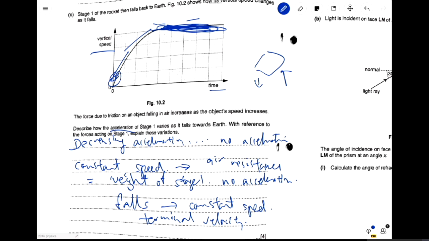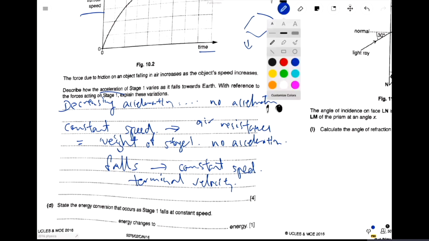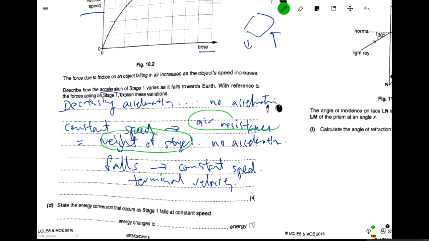Once no resultant force, acceleration equals 0. There is no acceleration. And this is the point where resultant force equals 0. Okay. That's it.